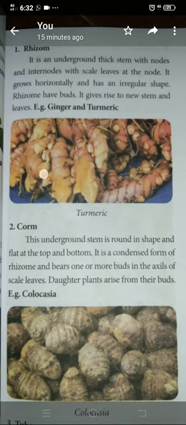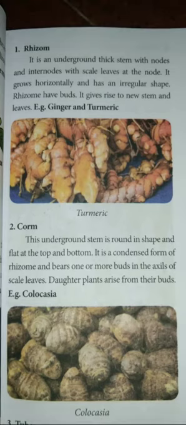Scale leaves act at the nodes; on the stem nodes they are produced. These turmeric parts, we call them a stem.